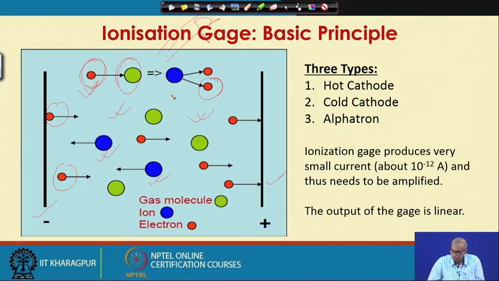Ionization gauge produces a very small current, about 10 to the power minus 12 ampere, and thus needs to be amplified. One good thing about ionization gauge is that the output of the gauge is generally linear.